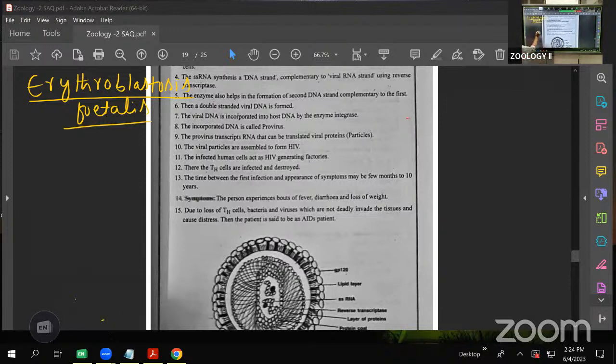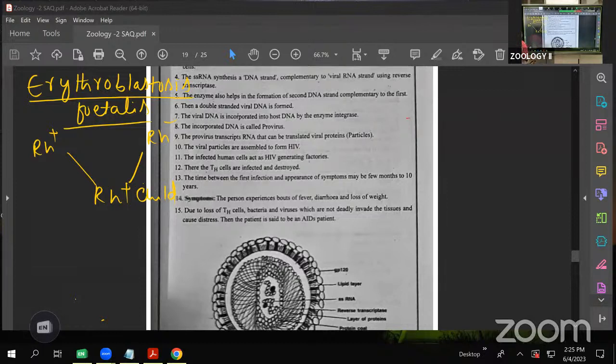What it means is, for example, the child is having Rh positive, and his father is having Rh positive blood group, and the mother is having Rh negative blood group. What is the Rh negative group? We already discussed the blood groups, A, B, O blood groups.